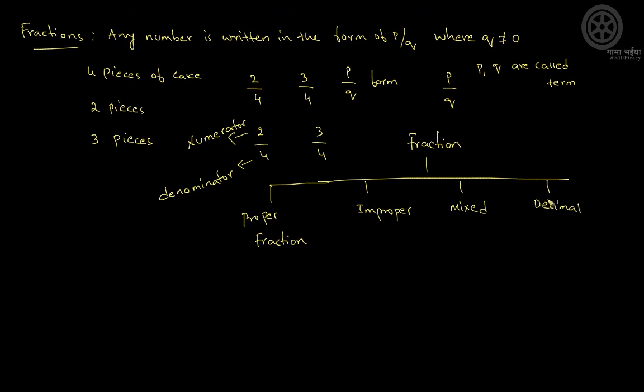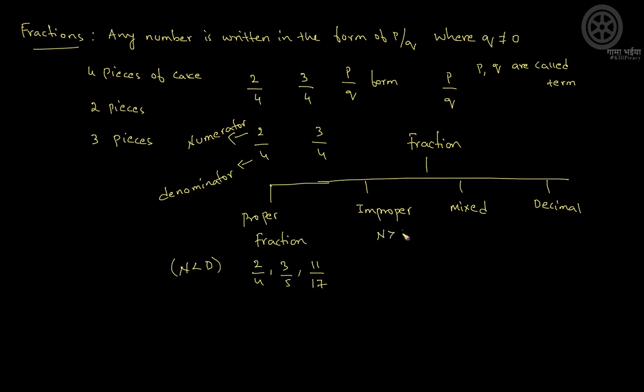These are the main fractions we have to learn. Proper fractions: 2 by 4, 3 by 5, 11 by 17. To say it simply, when the numerator is less than the denominator, that is a proper fraction.